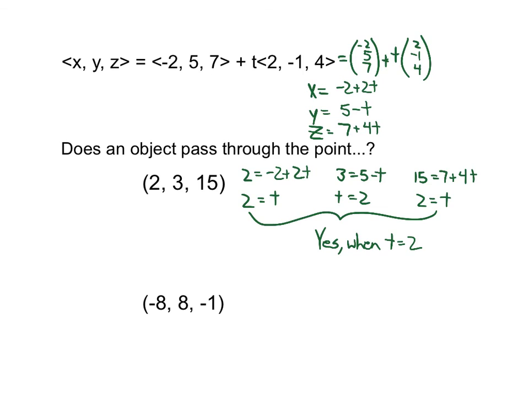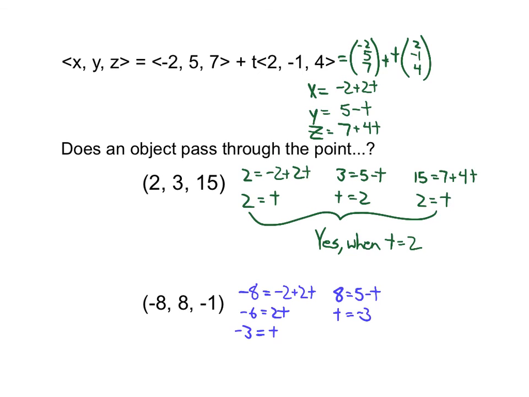However, if I tried it down here with this one, negative 8 equals negative 2 plus 2t. I add 2, I get negative 6 equals 2t. T equals negative 3. It's okay that that's negative, but let's check the y. Alright, 8 equals 5 minus t. So that's going to be t equals negative 3.